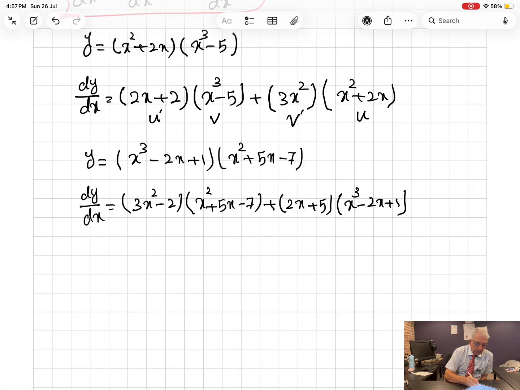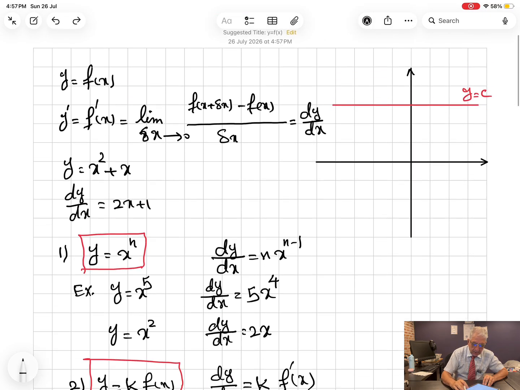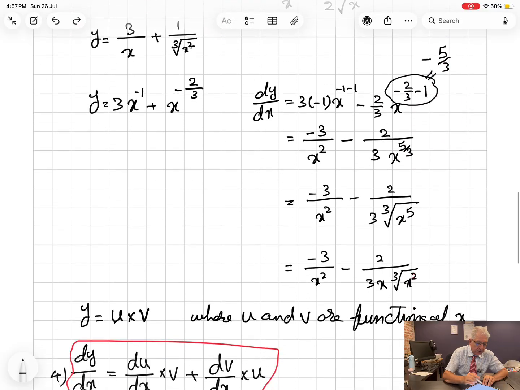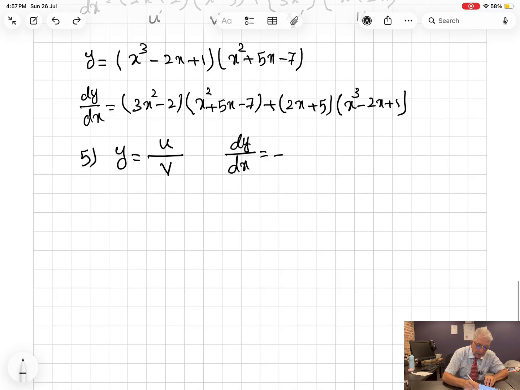Rule 5, if y is equal to u divided by v, again u and v are functions of x, then dy by dx is equal to du by dx times v, therefore this is derivative of this, but here is negative.